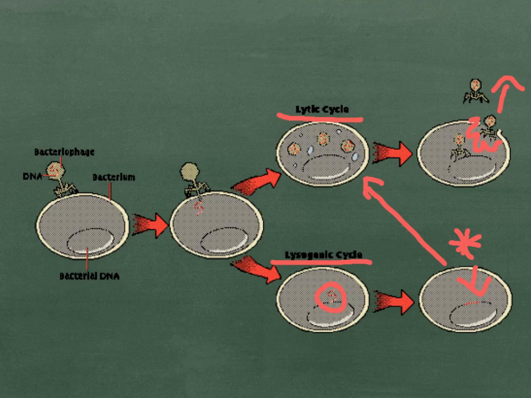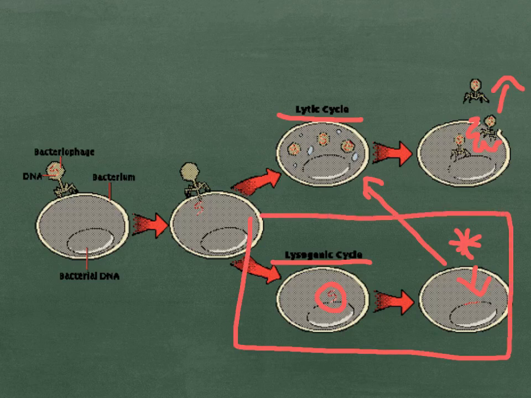This is very important because at the first stages of a viral infection, when we're talking about lysogenic cycle, we will not have any symptom of the disease because the genetic material of the virus, the viral DNA, is mixing with the host DNA.